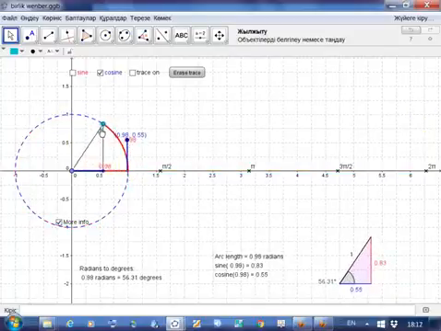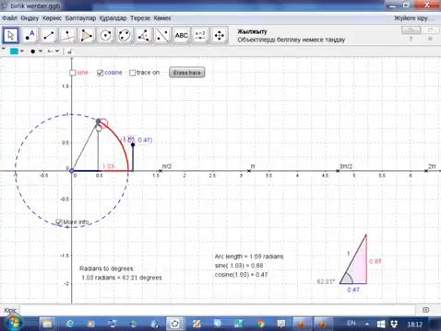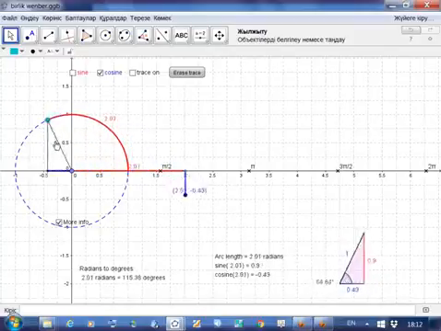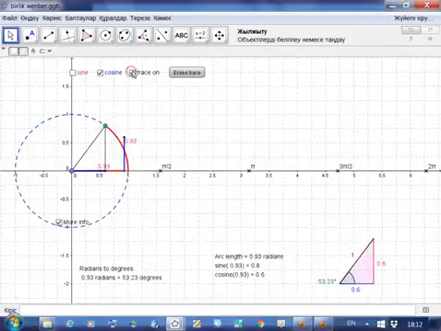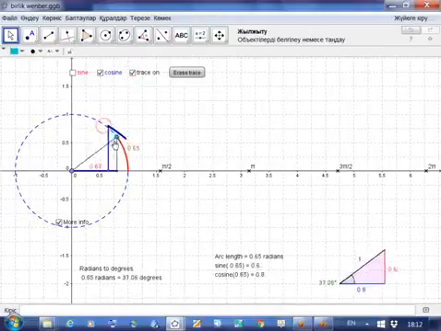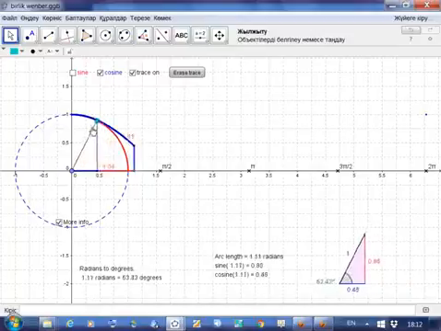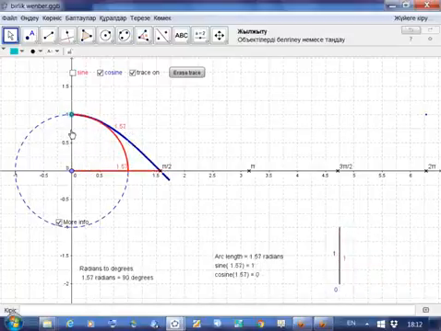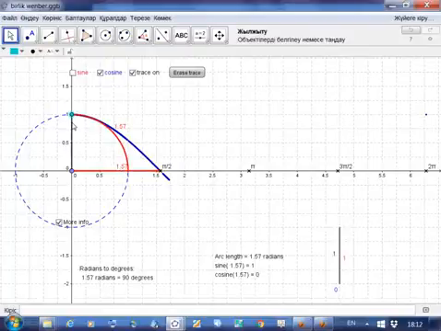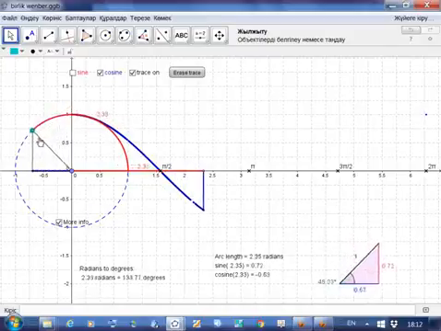Now if we check this one, we get the graph of cosine function. As you see here, between 0 and 90 degrees, the value of cosine is positive, and after that it's negative.